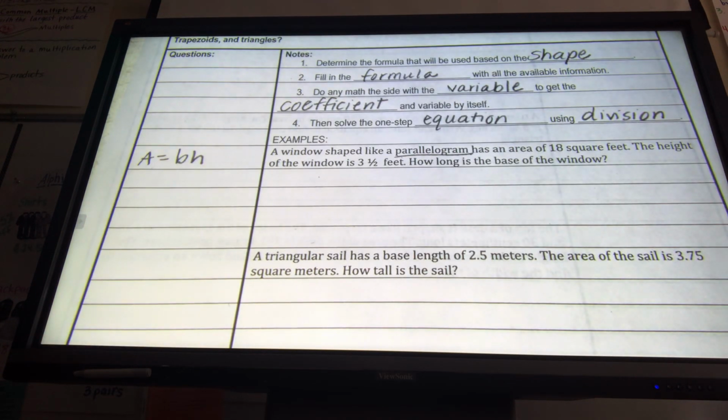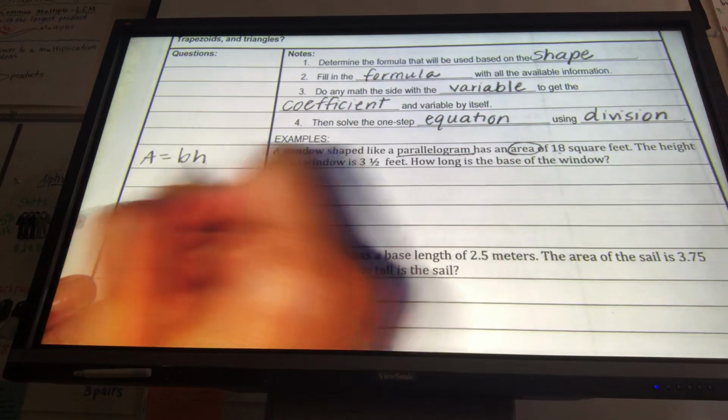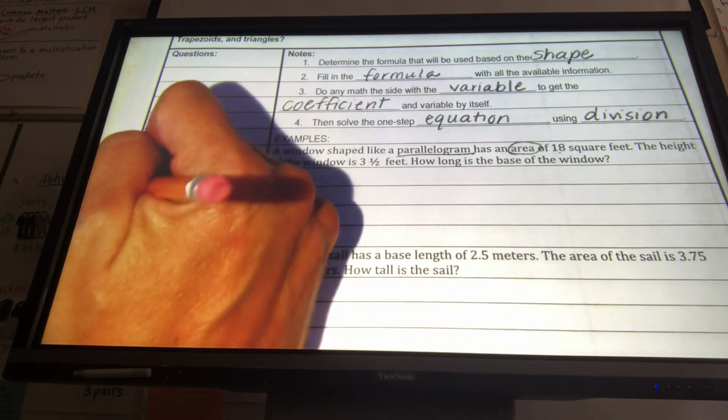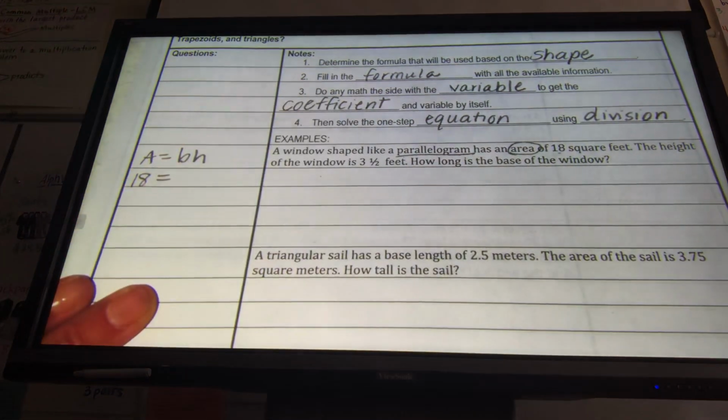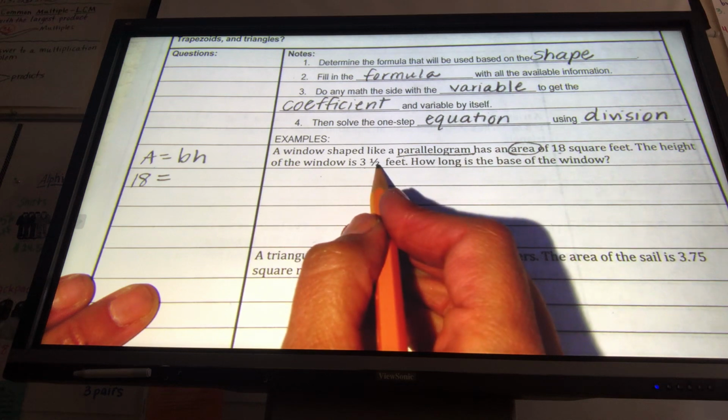It says it has an area of 18 square feet. So when we have area, we want to fill that information in our formula. So I want to put 18 under A equals, and the height of the window is 3.5.